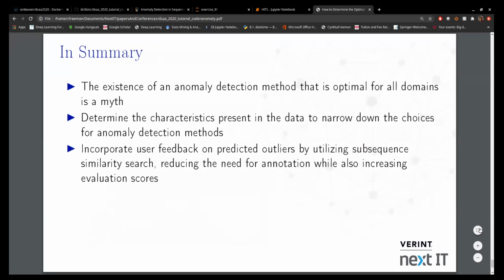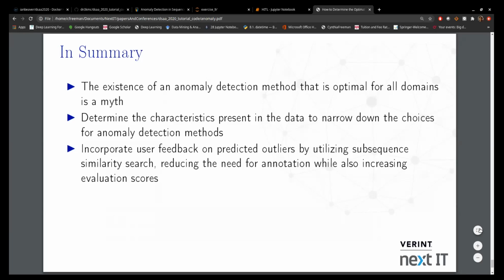So in summary, the existence of an anomaly detection method that is optimal for all domains is a myth. Anomaly detection is a hard problem for many, many reasons, of which one of them is which method to choose in an ever-expanding library. And one way to deal with this problem is to determine the characteristics present in the data and narrow the choice down to a smaller class of promising anomaly detection methods.